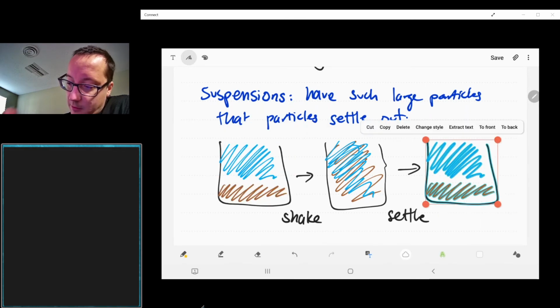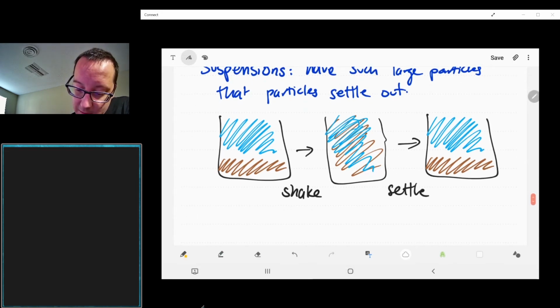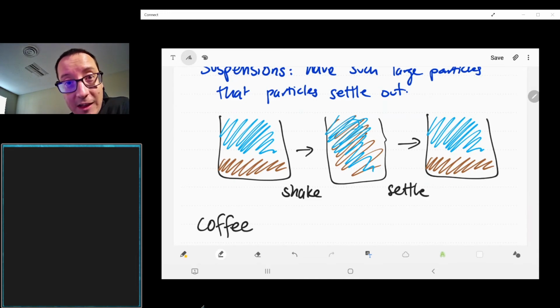You know that in rivers, sometimes you get churning of the sediment at the bottom of the river, and later on it becomes clear again as it settles out. These are called suspensions when you have something like this. So sand in water would be another one. You get that murky color at the top, but eventually that settles out. Coffee is a suspension as well. Believe it or not, if you leave your coffee long enough, it will settle out to the bottom.